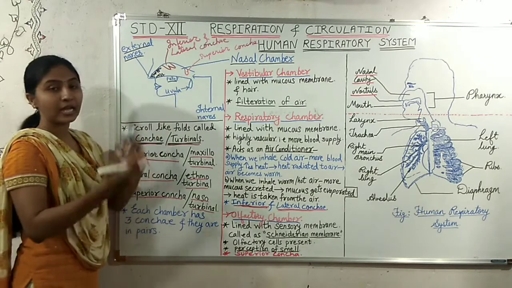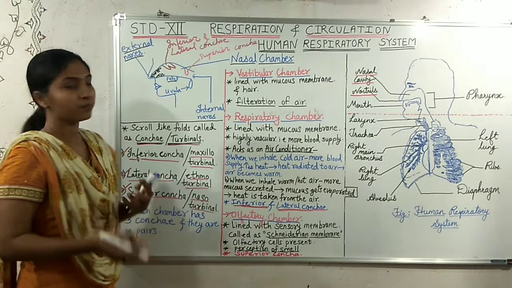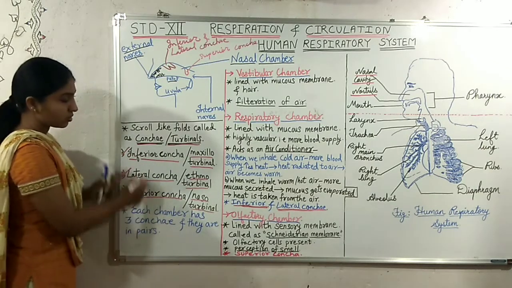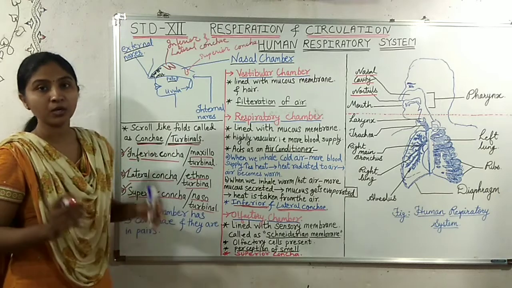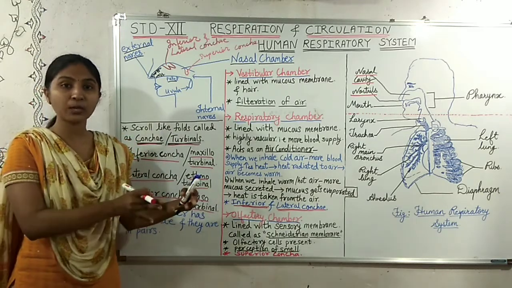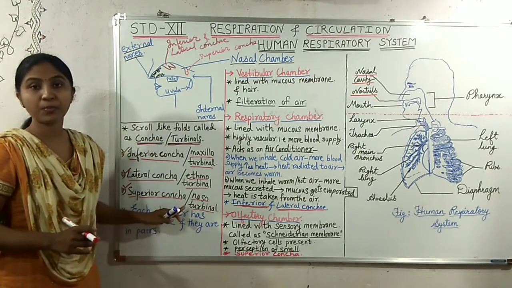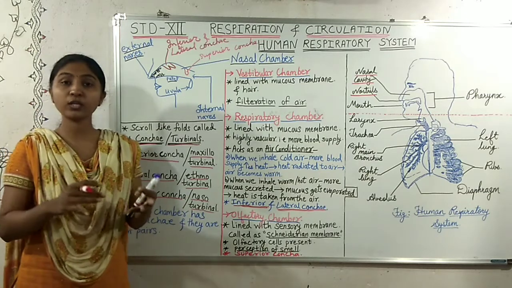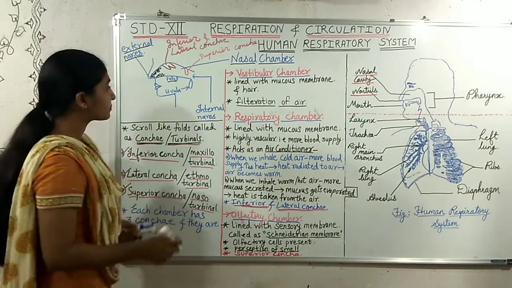These folds help to get more and more absorption of the gases. These conchae are present in each chamber, 3 in each chamber. There are 2 nostrils, so 2 nostrils means 2 chambers. In each chamber all these 3 conchae are present. So there are in total 6 conchae present in the nasal chamber.